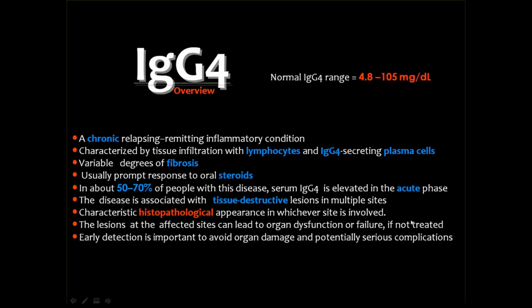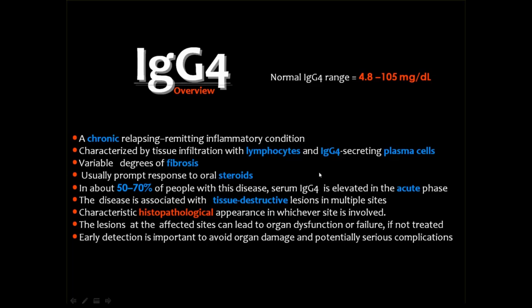This is a group of chronic, relapsing, and remitting inflammatory conditions. They are characterized by tissue infiltration by lymphocytes and IgG4 secreting plasma cells with variable degrees of fibrosis as detected on histopathology. These lesions have common criteria.